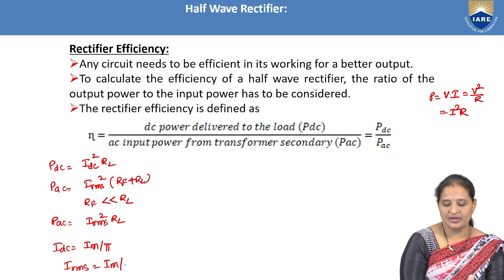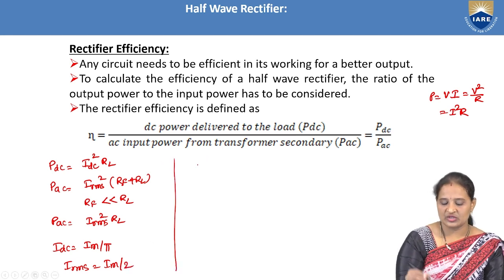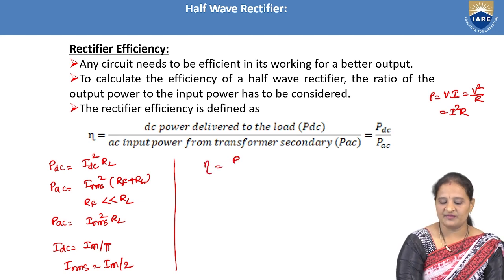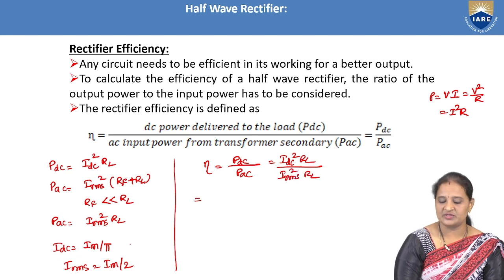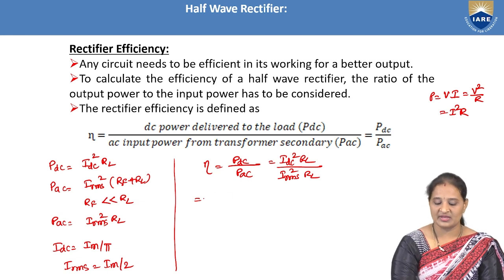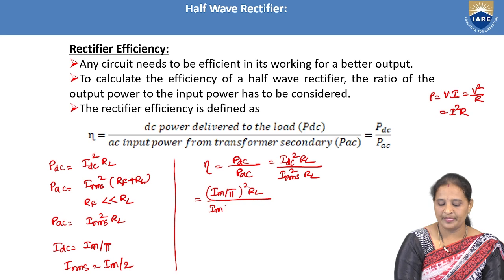Already you know that IDC is Im by pi and IRMS is Im by 2. If you substitute these values, the efficiency is given by PDC divided by PAC, which equals IDC square into RL divided by IRMS square into RL. Substituting the values, that is Im by pi whole square into RL over Im by 2 whole square into RL.